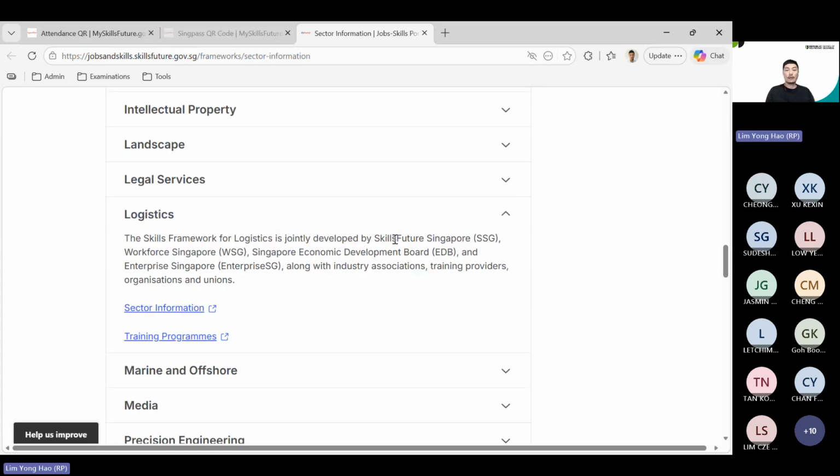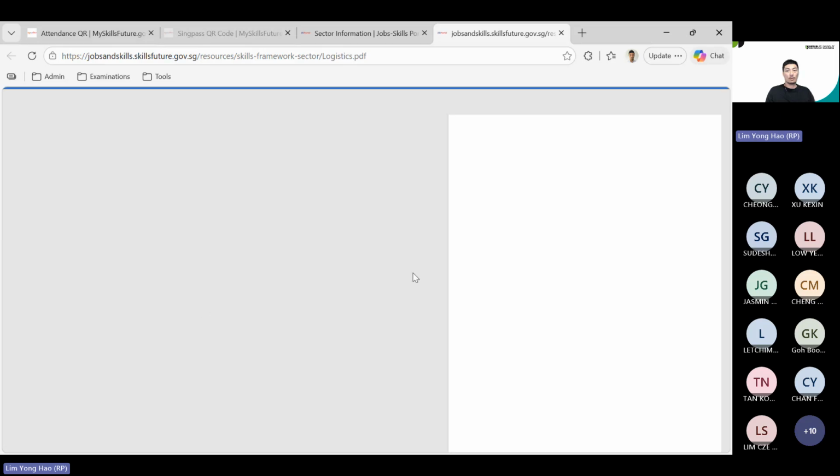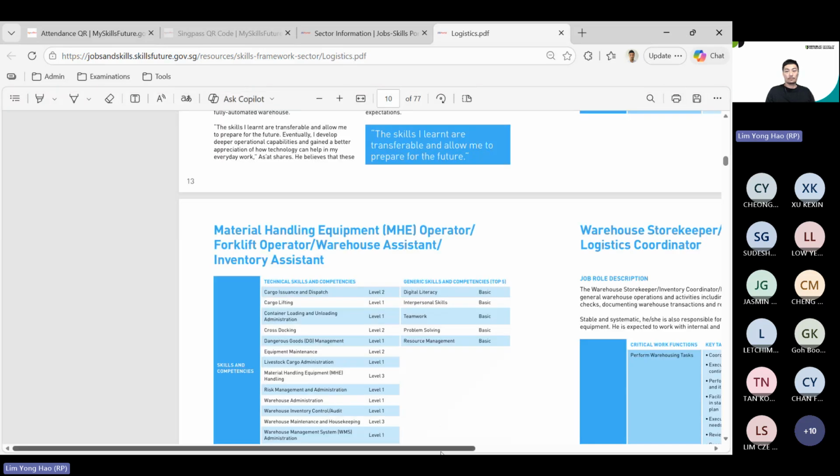This was developed by SkillsFuture, Workforce Singapore, EDB, as well as Enterprise Singapore. So they are led by these four agencies, but they have consultation with industry associations and training providers. So this is the sector information brought into this document.